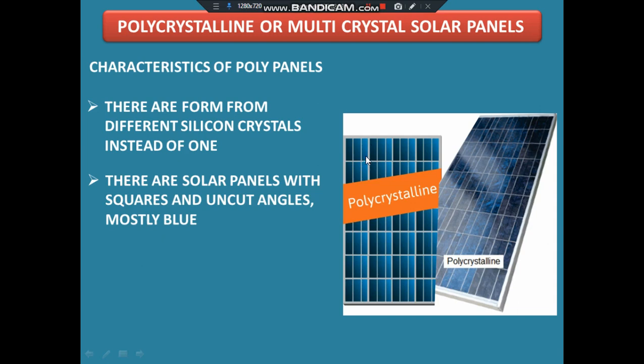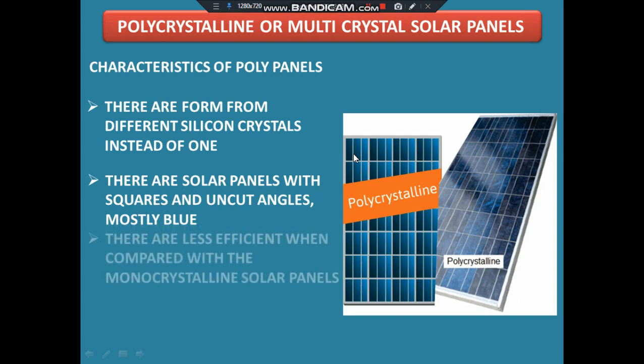They are not rounded. So when you go to buy your solar panel, even if you don't look at the solar panel nameplate, you notice that the angles here are sharp. They are not rounded and they are blue in color. You have to know that that is a polycrystalline solar panel.